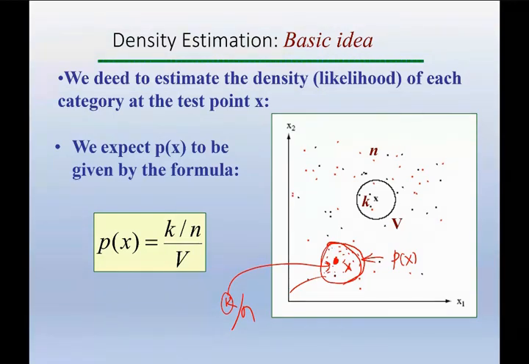Then I divide this by the volume. If I divide this by the volume of this particular area, in this case it will be the area of the circle. But you can imagine if it is multidimensional, then it will be a volume. So this will be the density of the probability at this location.